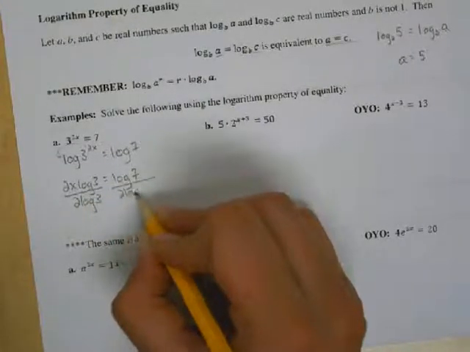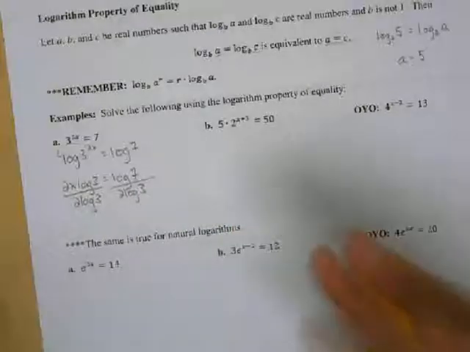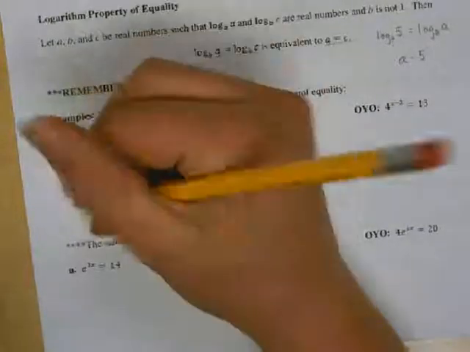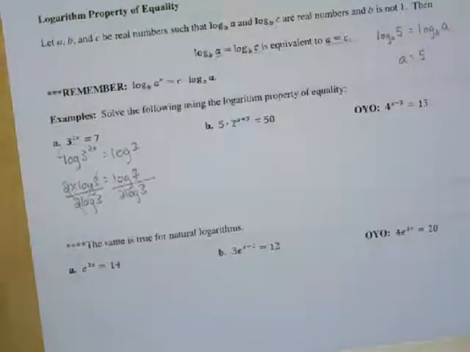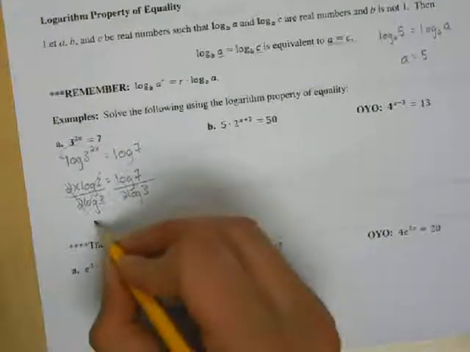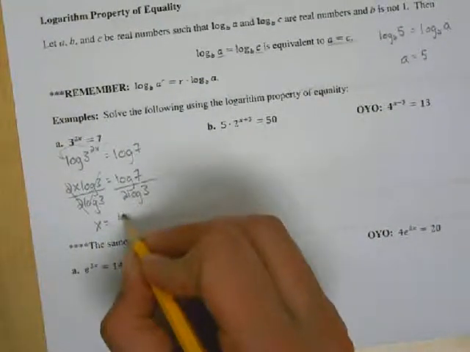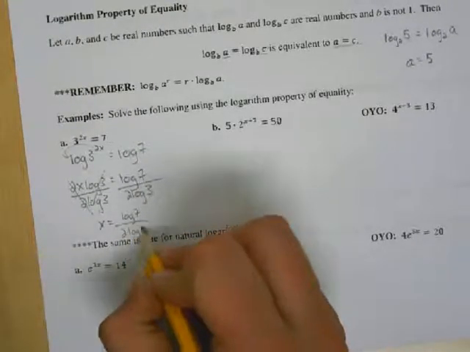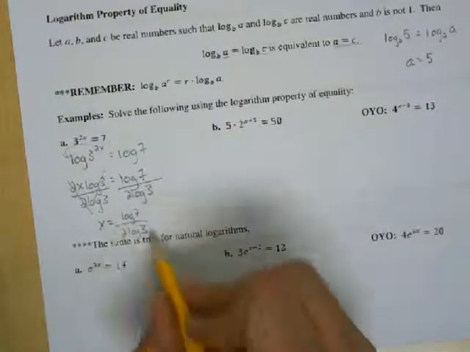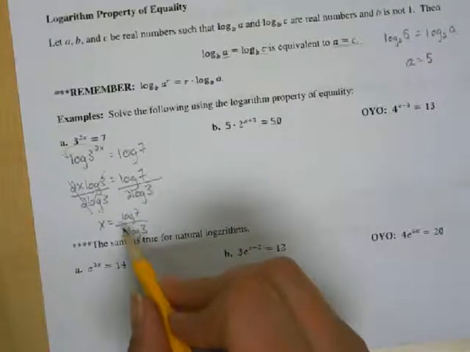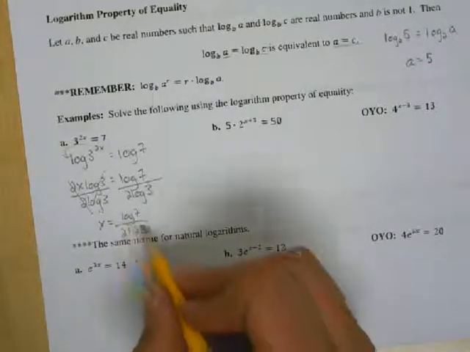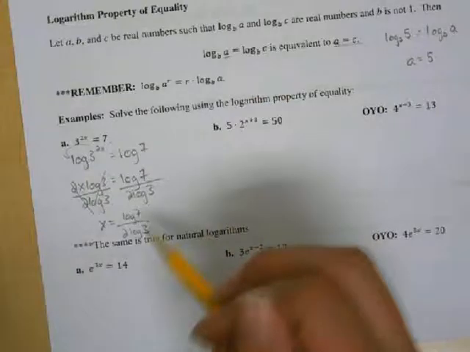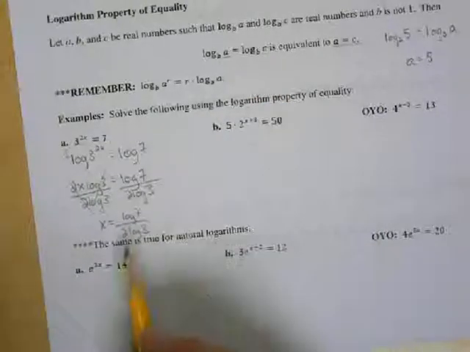As long as I do it to both sides, then it's going to still be equal. So I divided this, so here goes my 2, there goes my log 3's. So I've got x is equal to log 7 divided by 2 log 3. And this is my exact answer. If they ask for an exact answer, here it is. I can't plug it in and round because that's not exact anymore. This is an exact answer.